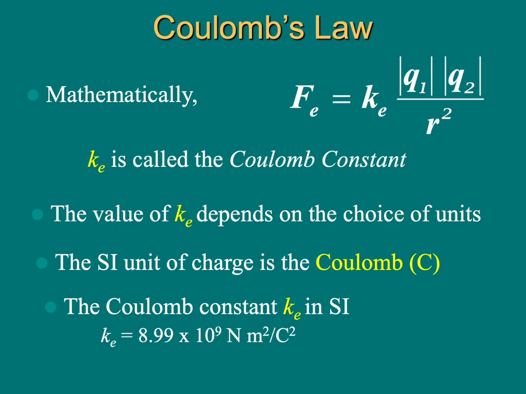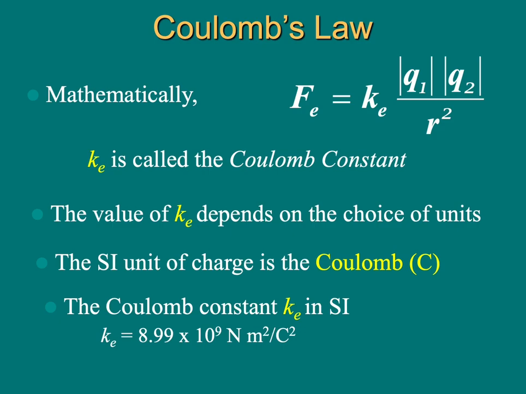Putting everything into an equation, we can find the force between two charged particles Q1 and Q2. Force equals k, which is a constant we call Coulomb's constant, times Q1 times Q2 divided by r squared, where r is the distance between those two objects.